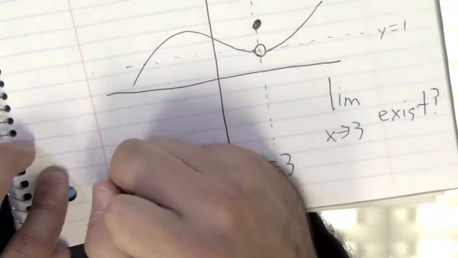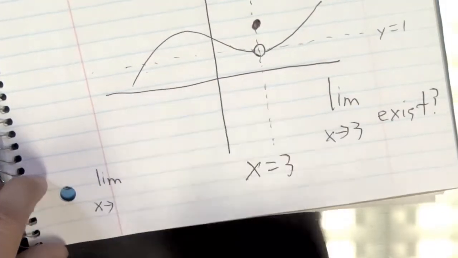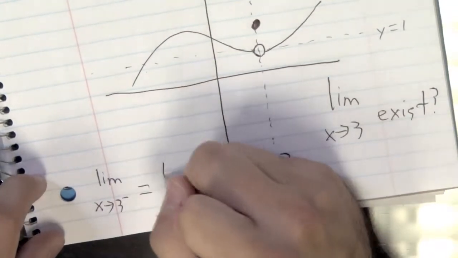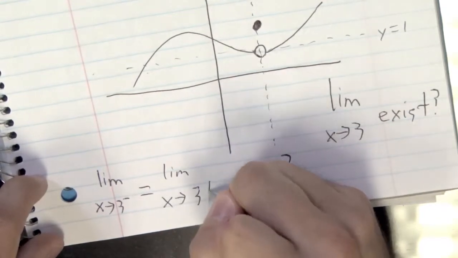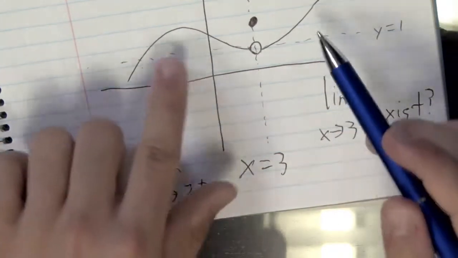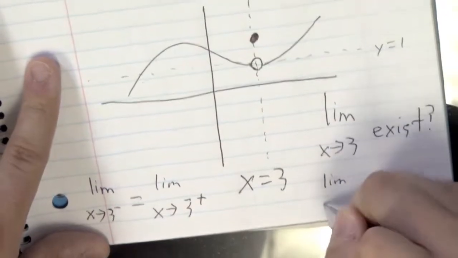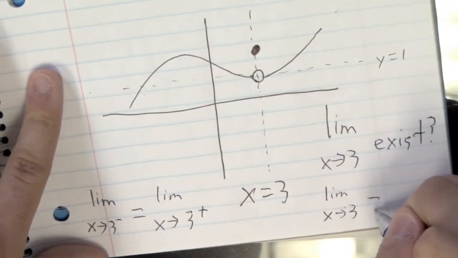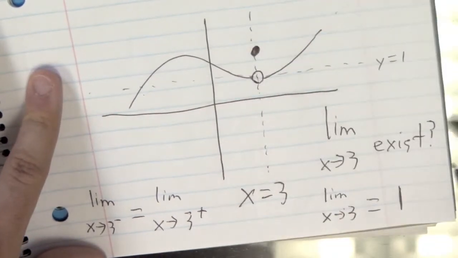So the right and left hand limits, what they're normally called, the limit as x approaches 3 from the left is equal to the limit as x approaches 3 from the right. And since they are equal, this limit does exist. And the limit of this graph as x approaches 3 is equal to 1, because that's what we said that was.